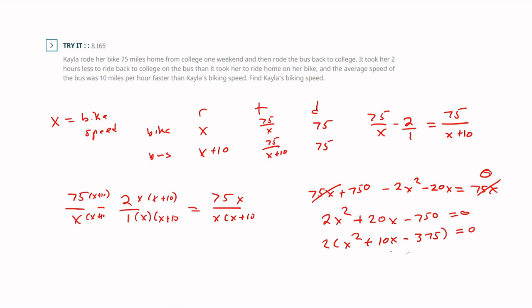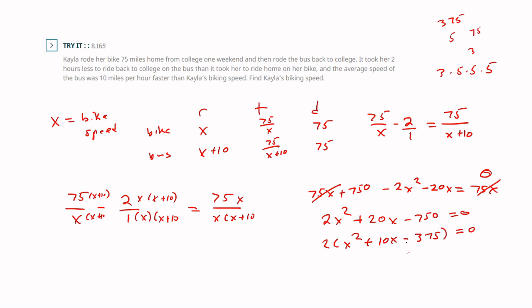Okay, now we need to find the two numbers that multiply to get negative 375 and add to get 10. And I don't know them, so I'm going to do my trick. I think that's right. So here are my options. 3 times 5 times 5 times 5.